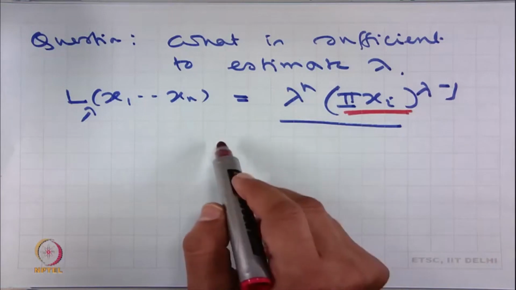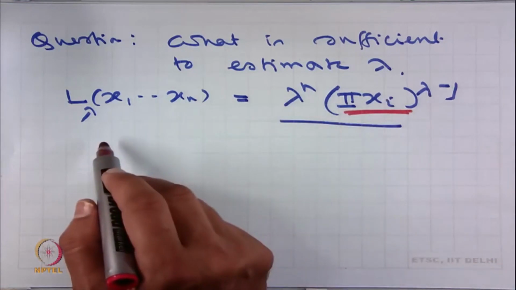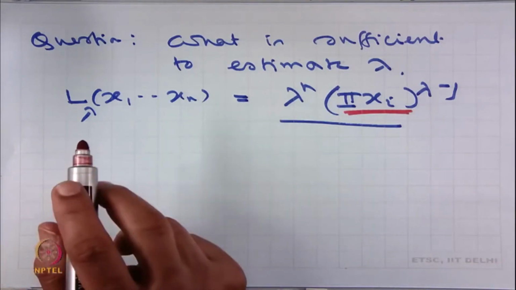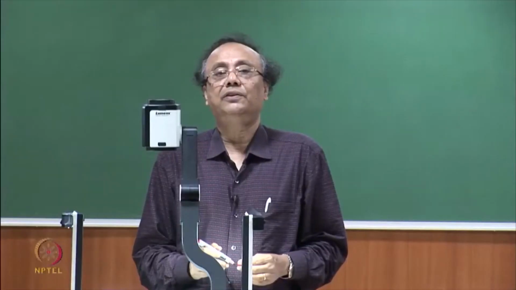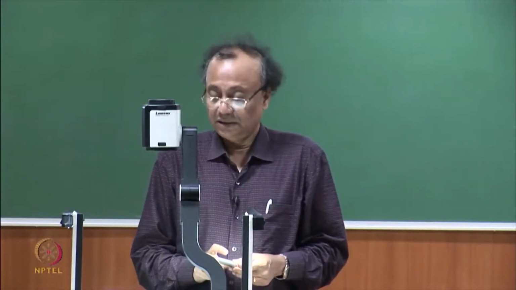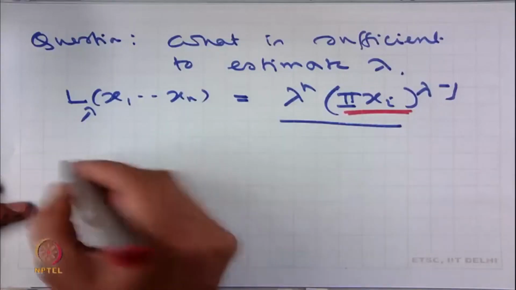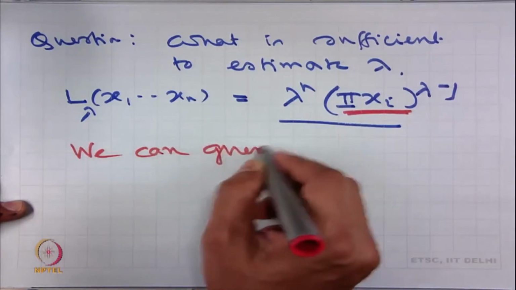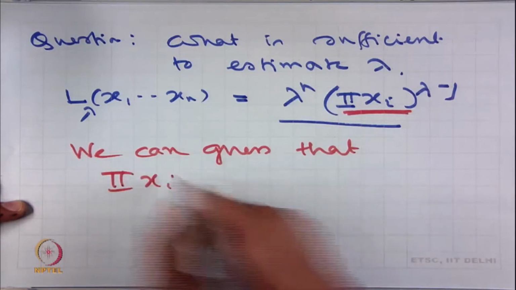Just like that, in Bernoulli we have observed that the joint density has been a function of sigma xi, and therefore, we could guess that sigma xi could be sufficient for P. Similarly, in case of normal with 0 sigma square, we could guess that sigma xi square will be sufficient to estimate sigma square. So, we can guess that product of xi should be sufficient.